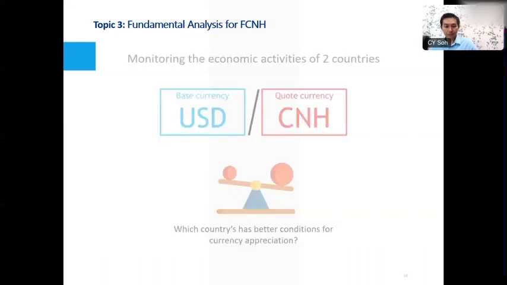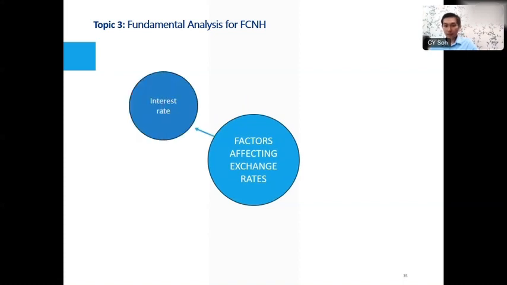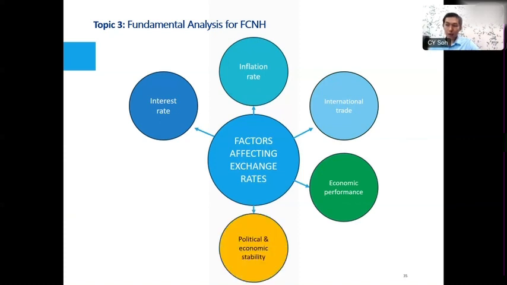So what are the factors that we need to analyze when it comes to looking at currency exchange rates? There are a few key fundamentals that we need to look at, and later we are going to go into detail one by one. Firstly, your interest rate. Inflation rate and interest rate are closely related. Then international trade, economic performance, political and economic stability, and lastly your public debt, which is your government debt level.